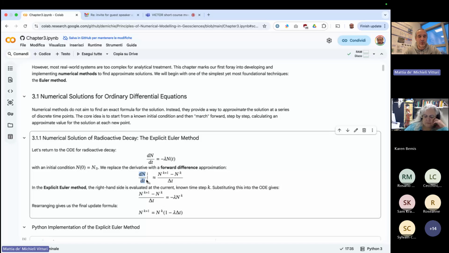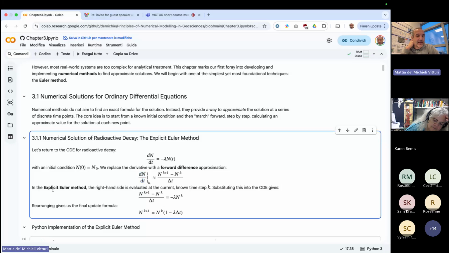So this is another important thing, that when you approximate some derivative, it's important also to know the order of the approximation in order to understand how much the error will decrease when you decrease the time step, or the space discretization step if you are integrating in space instead of time.